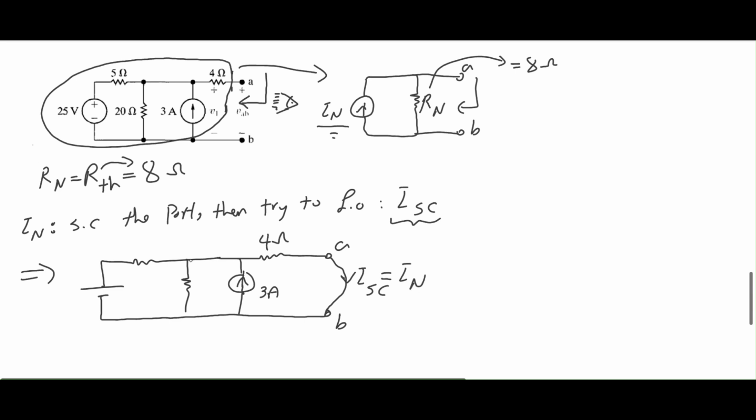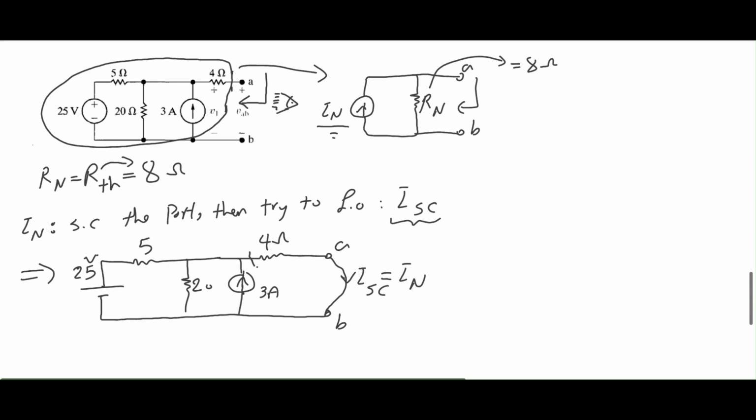So I have 4 ohms here, 20 ohms here, 5 ohms here, and 25 volts here. Okay? So if you find the ISC, which is the short circuit current at port AB, that would be the same as your Norton current.